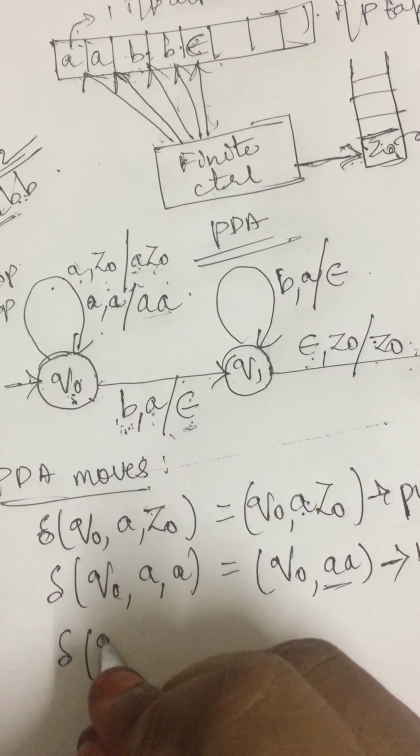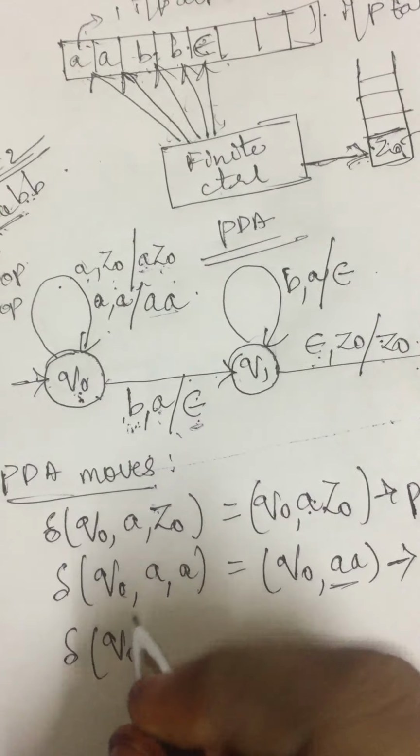That means from the state Q0, by reading the input symbol B, the top of the stack is A here.